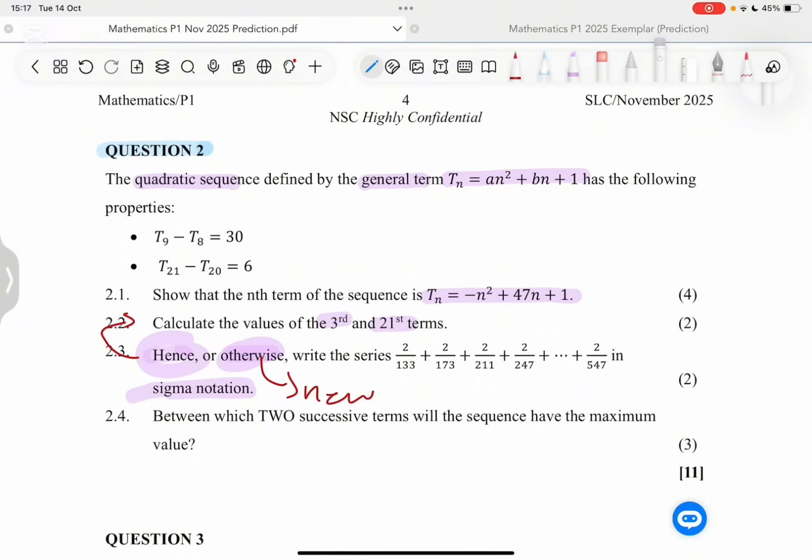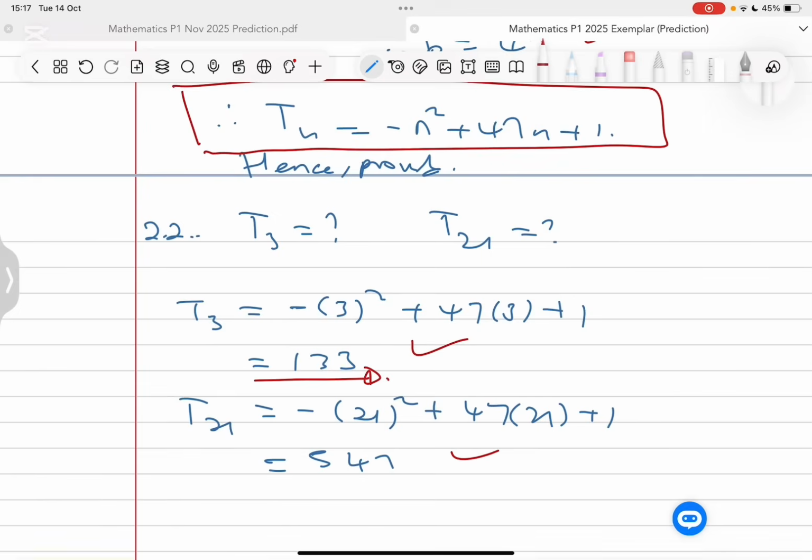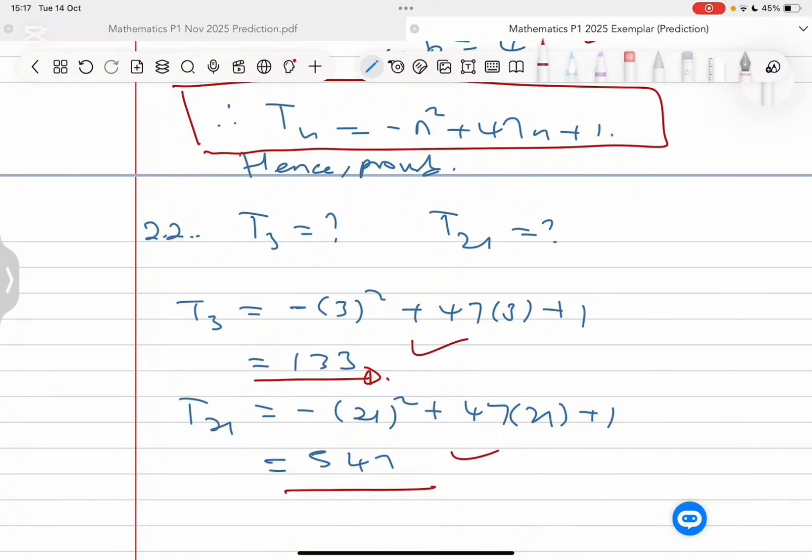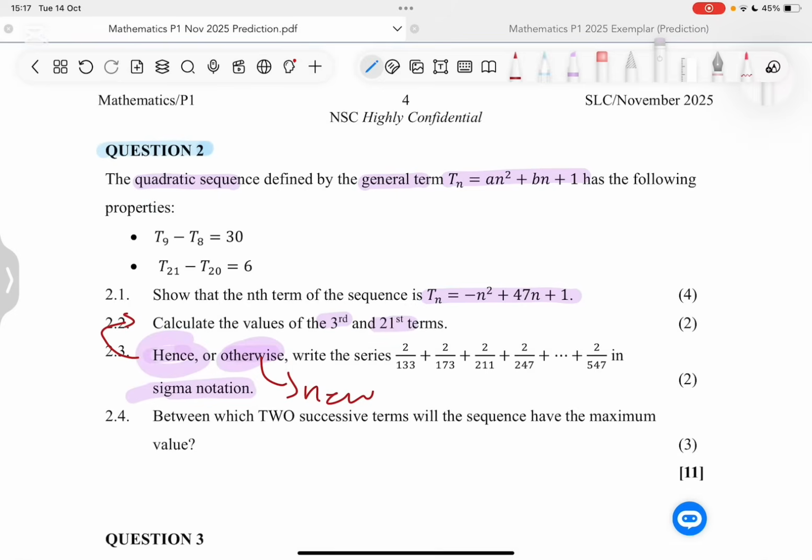And the first term in this series is 2 over 133. Also the last term in this series is 547, and in the previous question it was the 21st term, 547. So it seems to me that in my denominator I have the quadratic sequence that we were dealing with, and my numerator is just a constant number 2. Being able to see that makes this question really easy to answer.